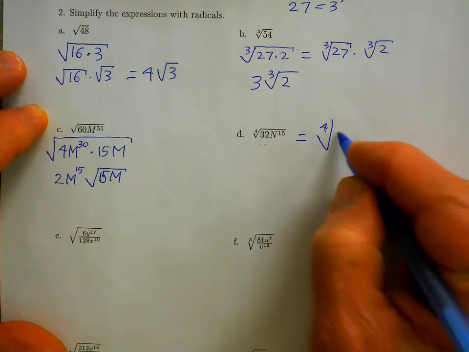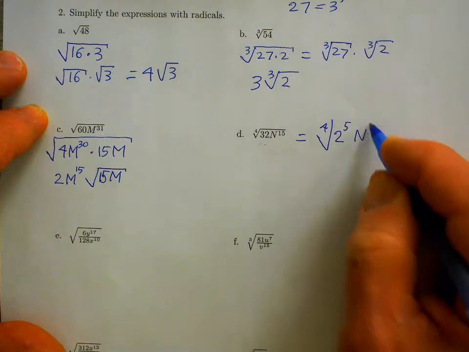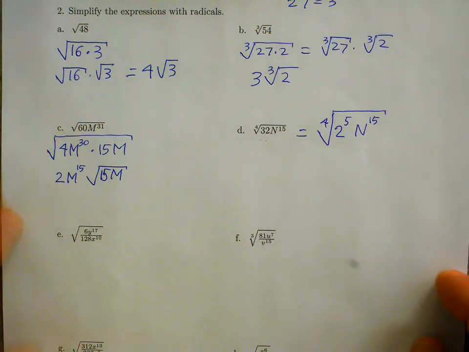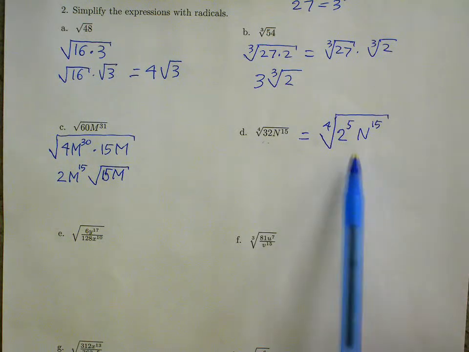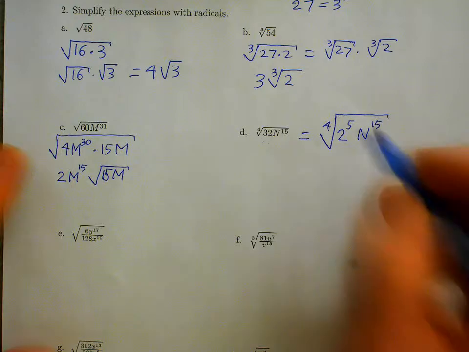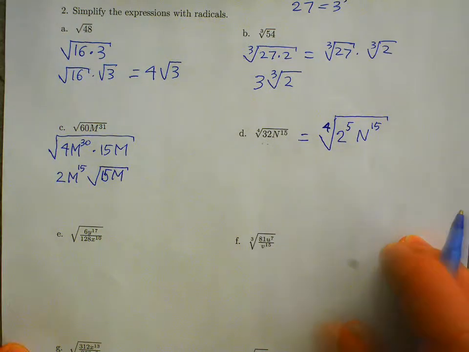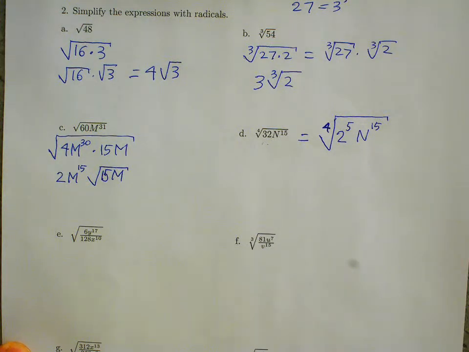32 is 2 to the 5th power. And a couple of minutes ago, we identified the largest factor of 2 to the 5th that is a perfect fourth power.